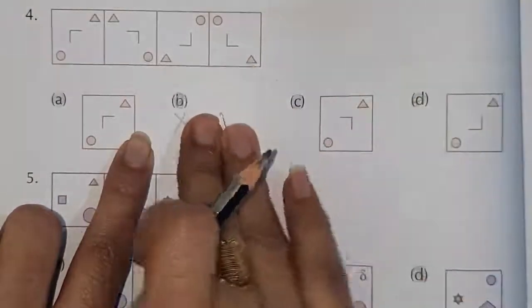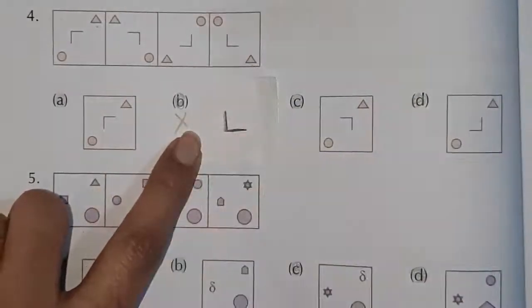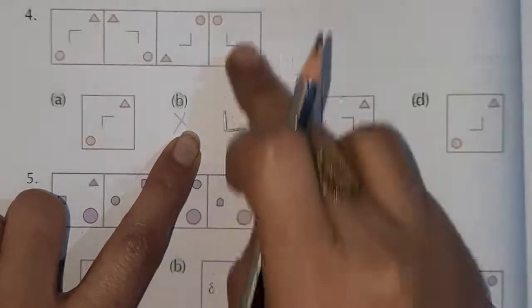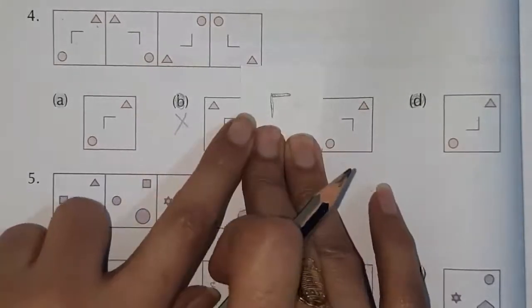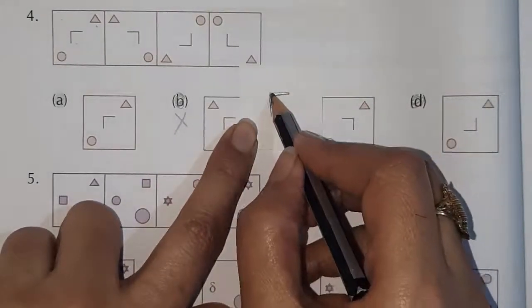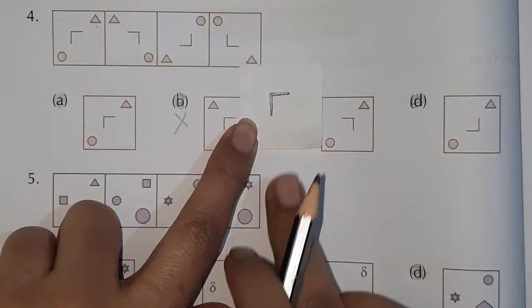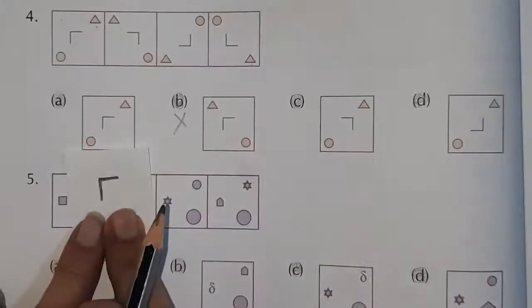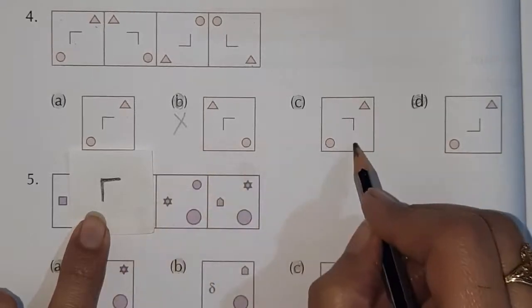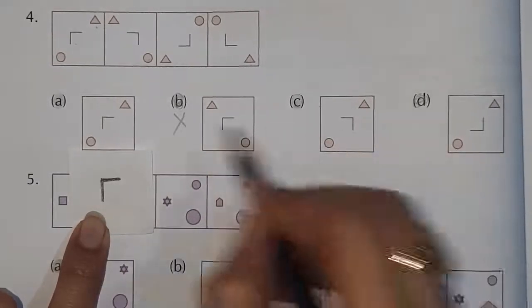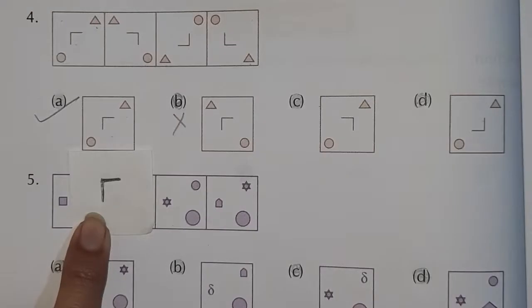Again rotate it. Okay, getting it? Now when we rotate, this is the figure which will be at the center. Now check. It is in option B, but option B is wrong. No, no. So our answer is option A.